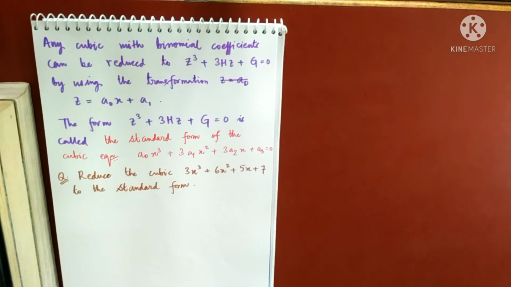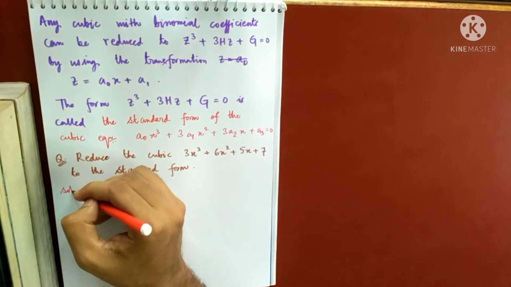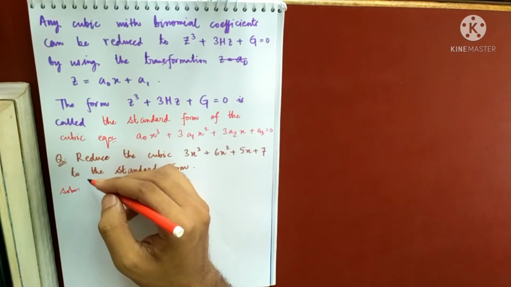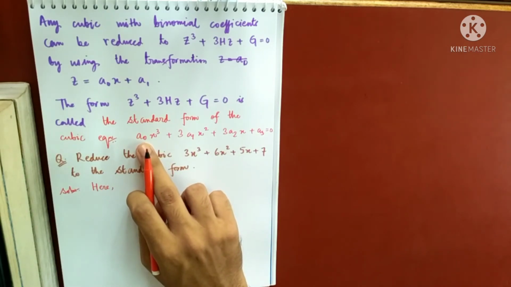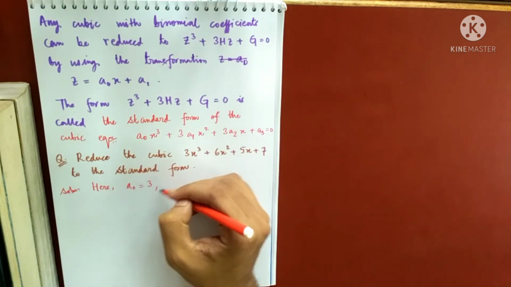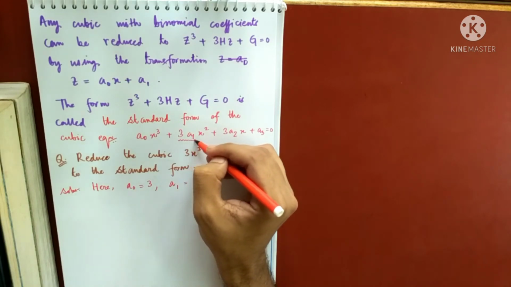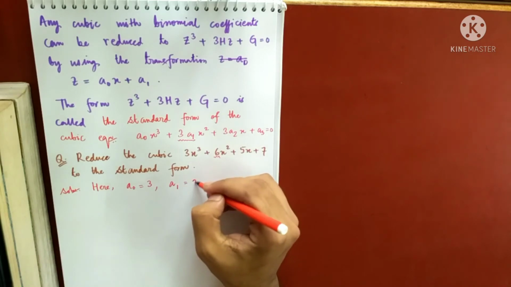Okay, we want to reduce this cubic to the standard form. So how will you start? Apply this transform. If I compare with the standard form, what is a naught? A naught is 3. What is a1? Compare this way: 3a1 equals 6, so a1 will be equal to 2, not 6.